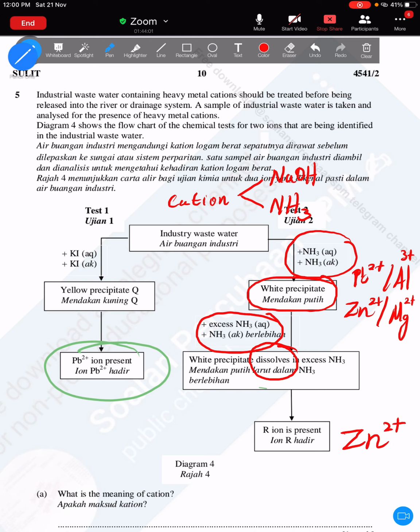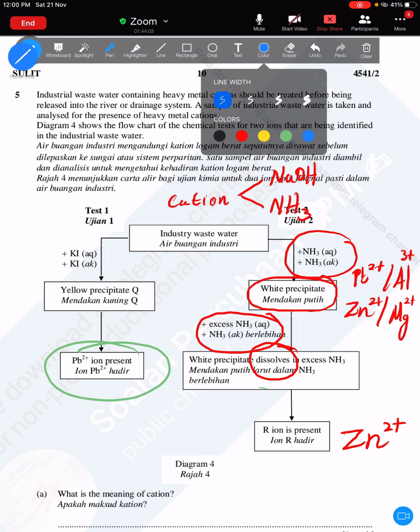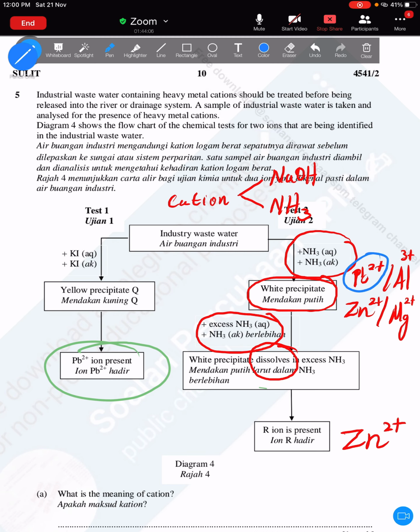The rest of them, like Pb, Al, and also Mg, will remain undissolved. Okay, done?